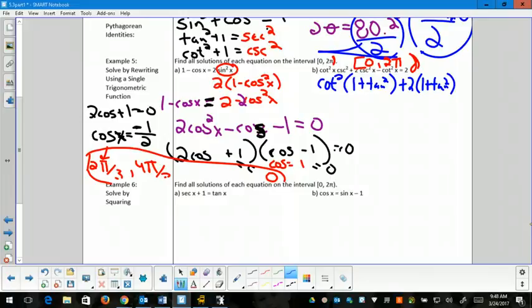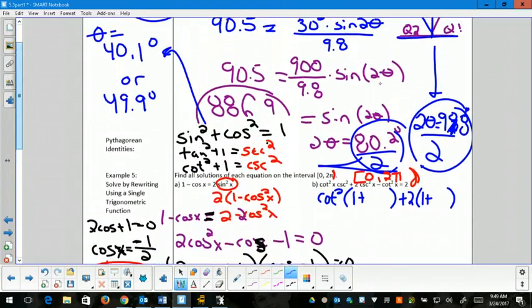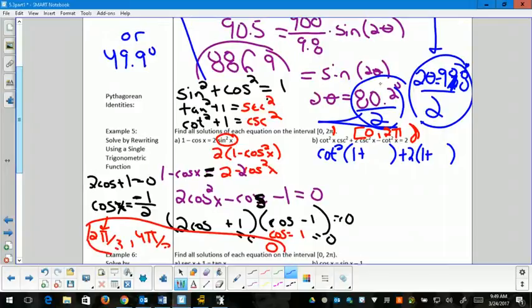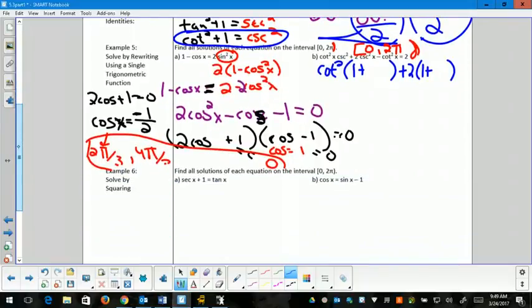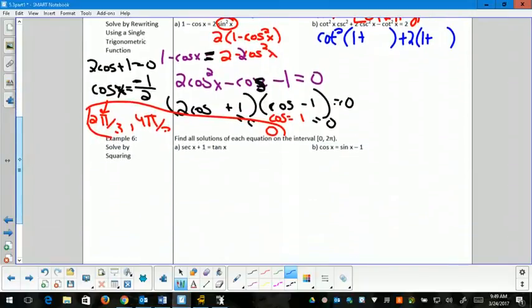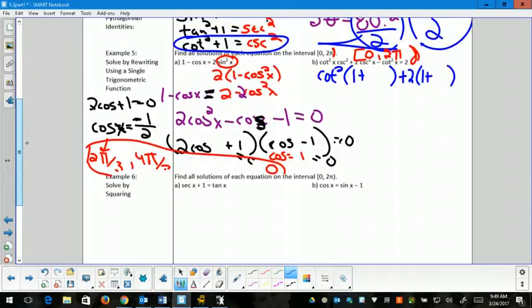No, it was cotangent. Cosecant is cotangent, because they're both divided by sine. Cotangent is over sine and cosecant was 1 over sine, so yes, it is cosecant.